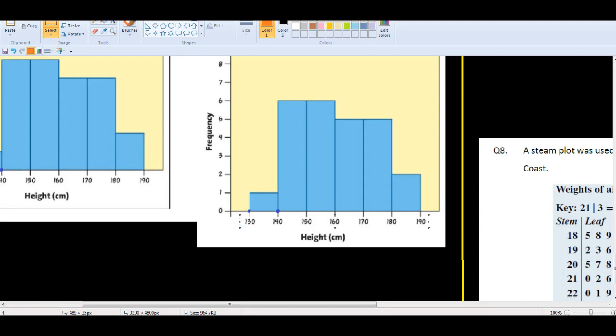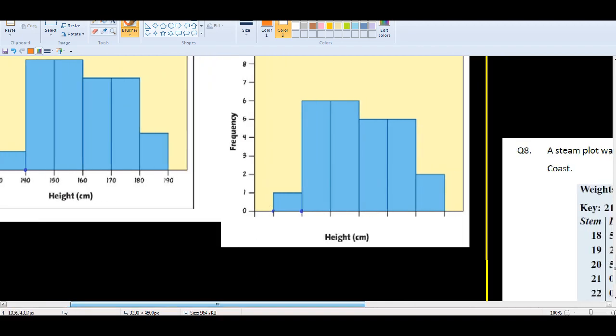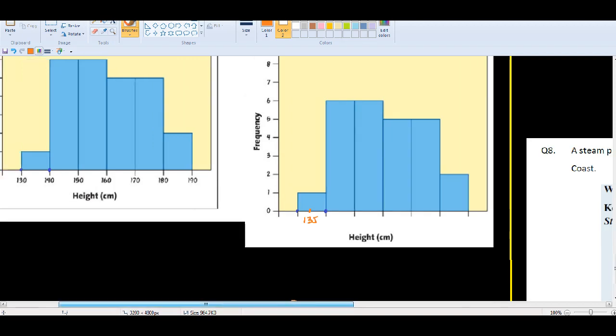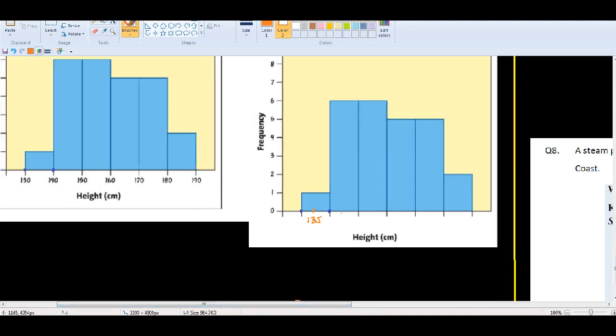Instead of writing two values on the boundaries of each bar, they will only write the value of the midpoint. For example, the first bar should be 130 to 140, but sometimes we just write 135. That would be the midpoint between 130 and 140.